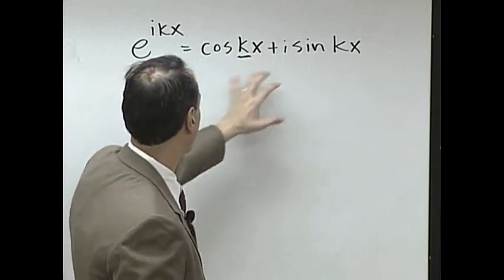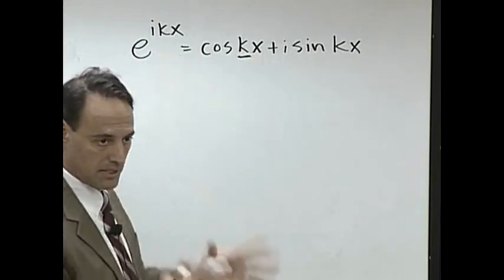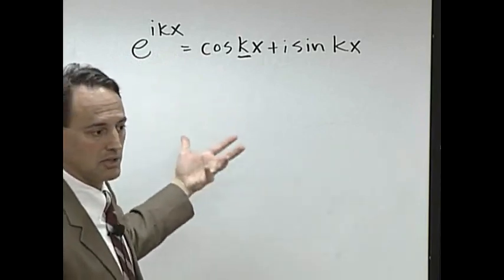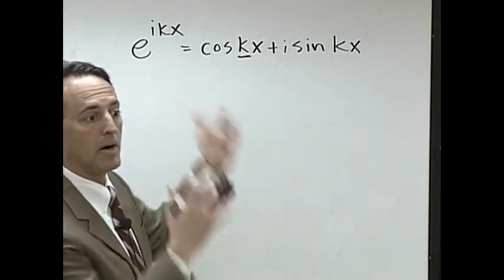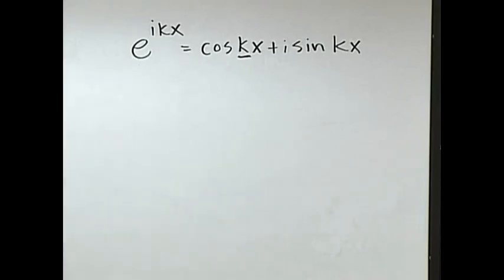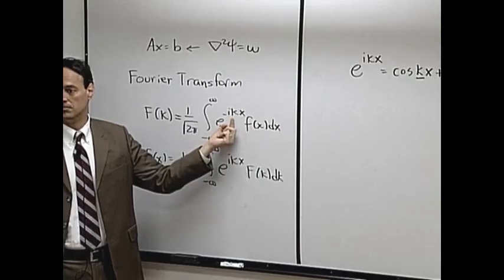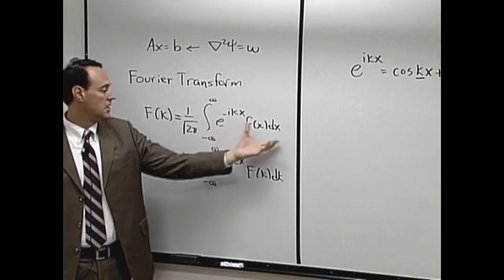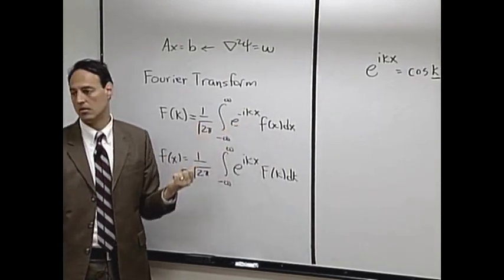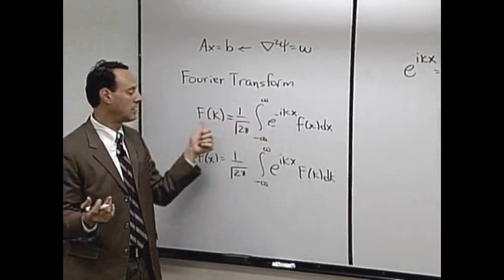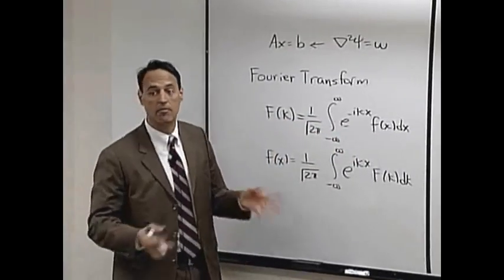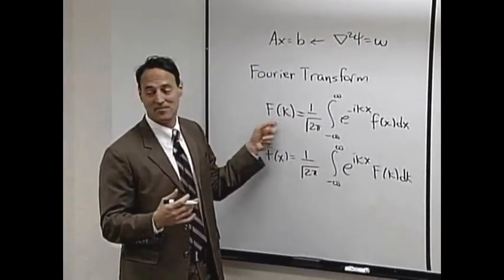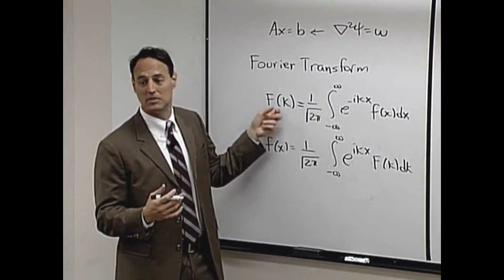So part of what we're saying is we're going to take a signal, multiply it by sines and cosines, as it were, all possible frequencies. Notice, when I do this, k is any value. And I'm going to integrate this thing up against these values and get out some function, which is now a function of these frequencies.